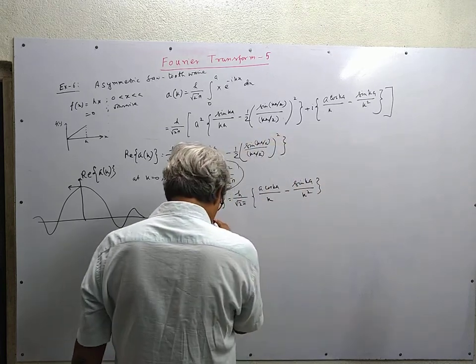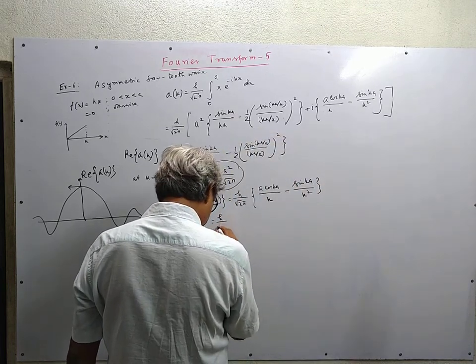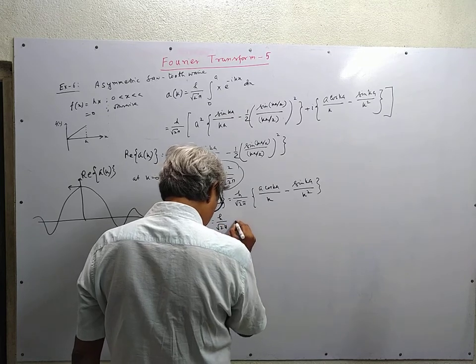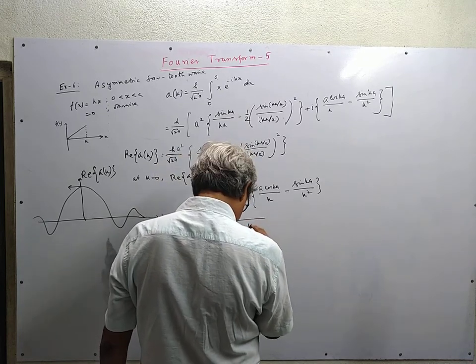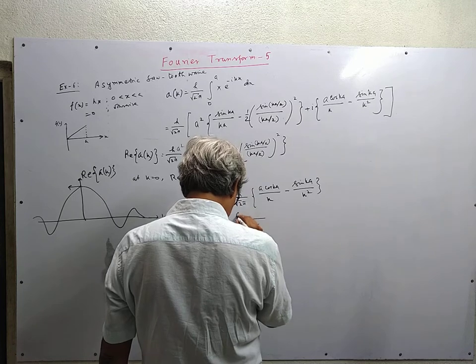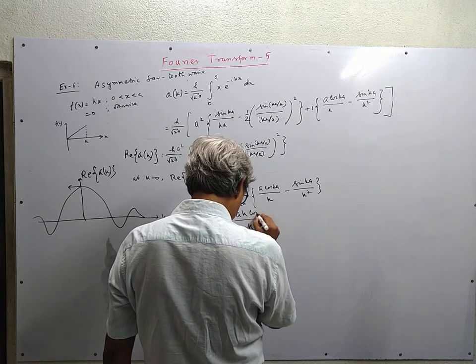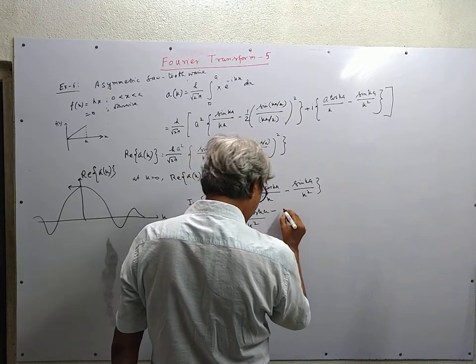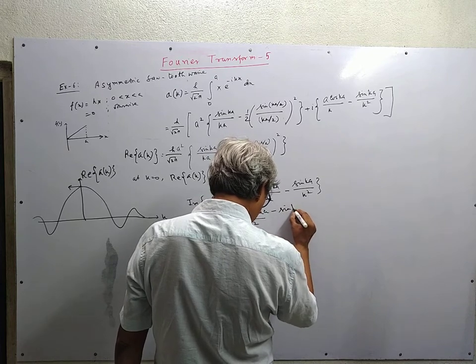We can write it as h by root 2 pi, then this is k square and this is a k cos ka minus sin ka.